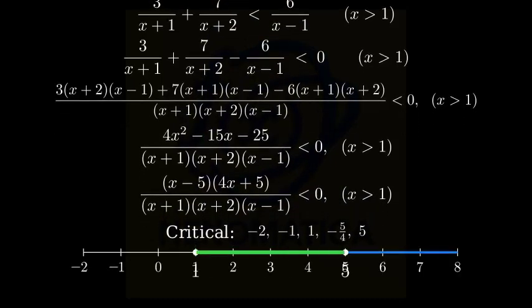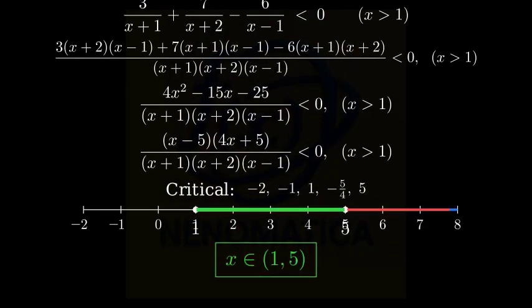The expression is negative there, so we shade the open interval from 1 to 5. For a test point bigger than 5, say x equals 6, the expression becomes positive, so we do not include that region. Therefore, on the allowed domain, the inequality holds for x between 1 and 5, not including the endpoints. The solution set is the open interval 1, 5.